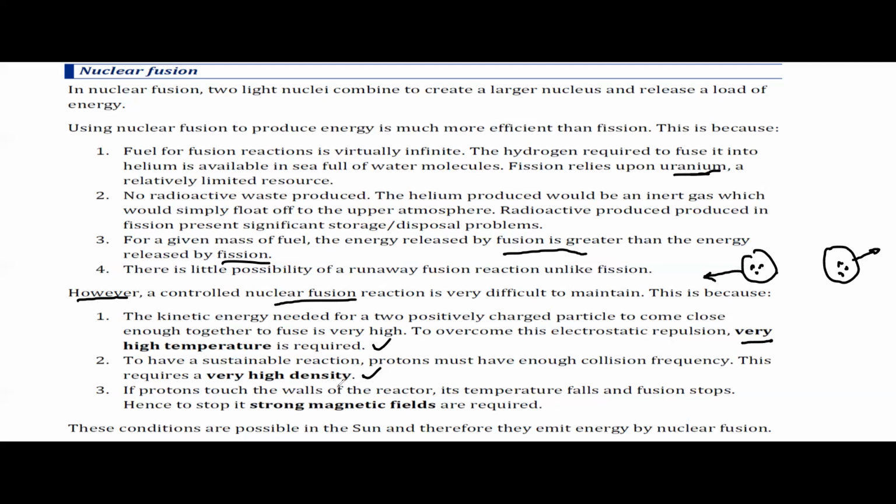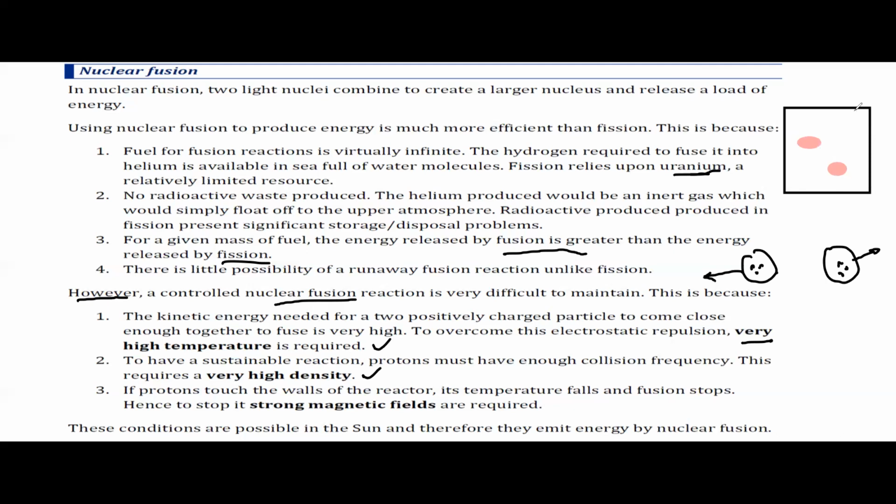The practical problem with a fusion reactor is that if these particles come in contact with the wall of the container, they lose their energy and the fusion reaction stops. So we need a very strong magnetic field to confine them. Say this is a chamber, a container in which we undergo a nuclear fusion reaction.